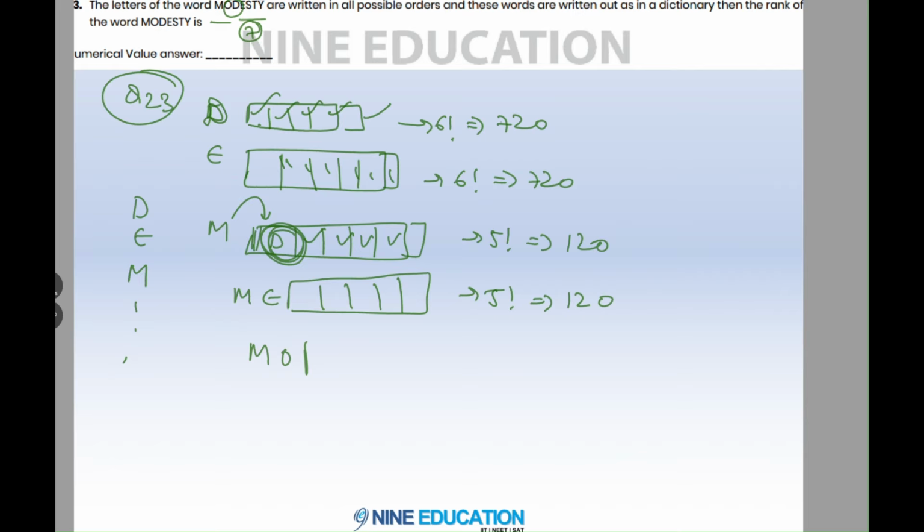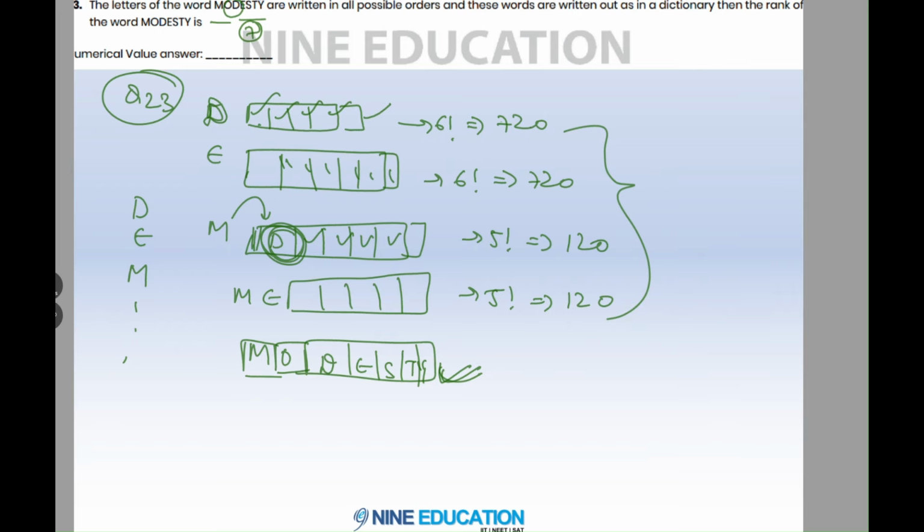Then we have O. The next letter after MO should be D, and alphabetically after MO it will be D only. The next word will be ESTY. If we go in alphabetical order, that's correct. So the next word after these many words will be MODESTY.